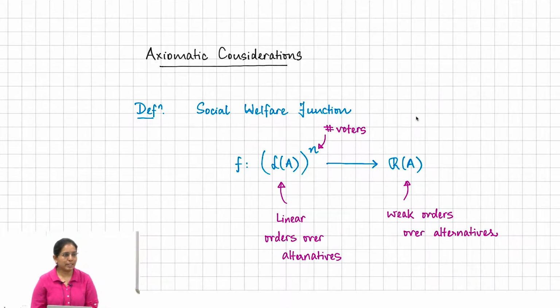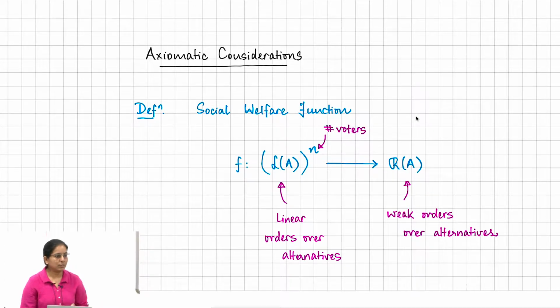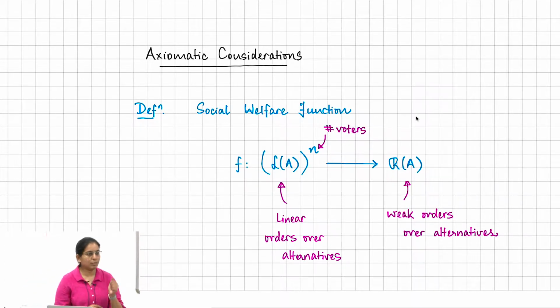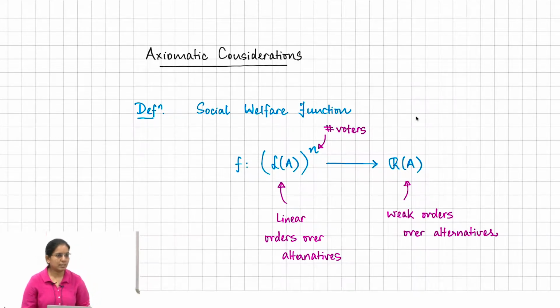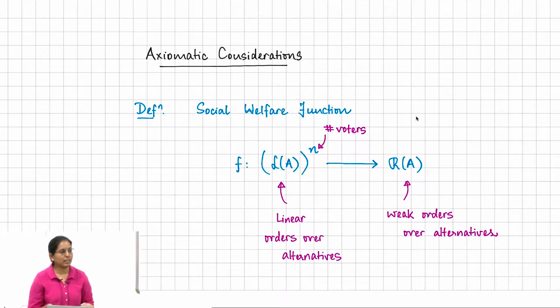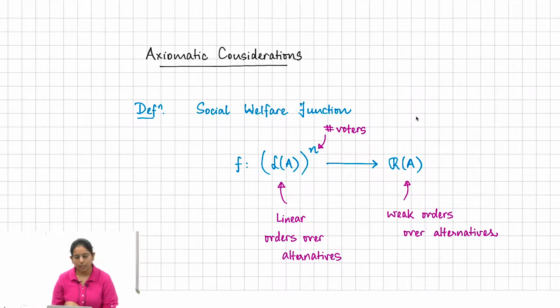Use unanimity and IIA to derive certain properties of polarizing candidates, and we had that trick where we had a sequence of profiles which we used to identify the pivotal voter for a particular candidate, and then we said that this pivotal voter is in fact decisive for all pairs of candidates not involving the polarizing candidate. And finally, we had a short observation for why this also works for pairs of candidates involving the polarizing candidate. Those were the steps in the proof, and I'm confident that if you go back and look at it once more, it will be reasonably clear.